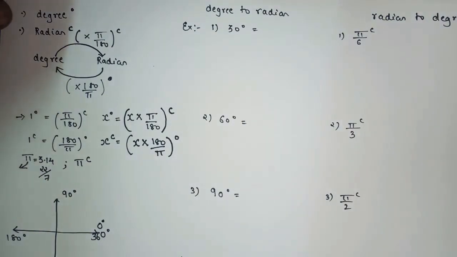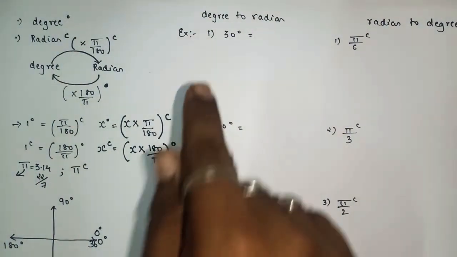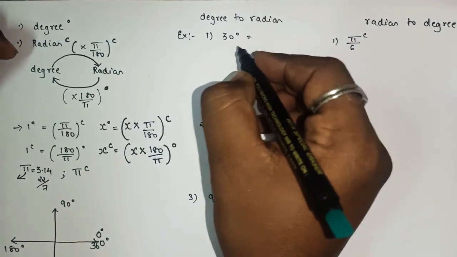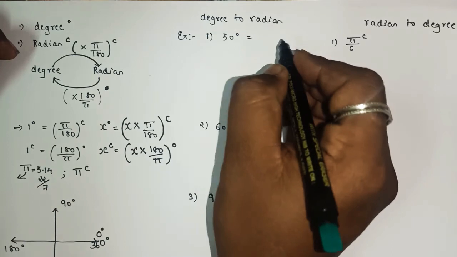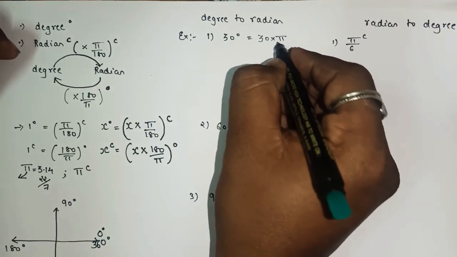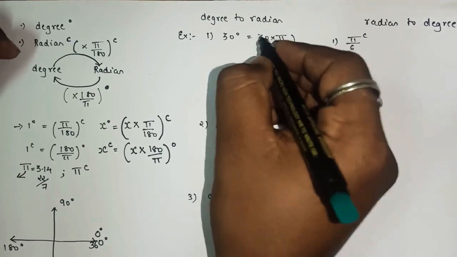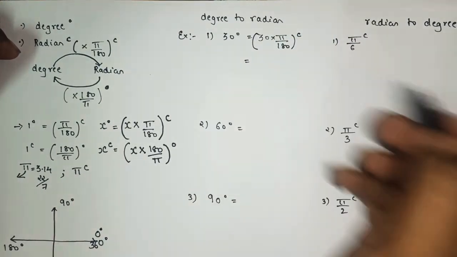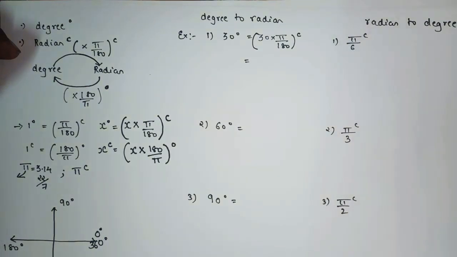So let's take a few examples. Here we have 30 degree. If you want to convert that 30 degree into radian, simply you will multiply that number by pi by 180, so it will get converted into radian. Yes or no? Understood?